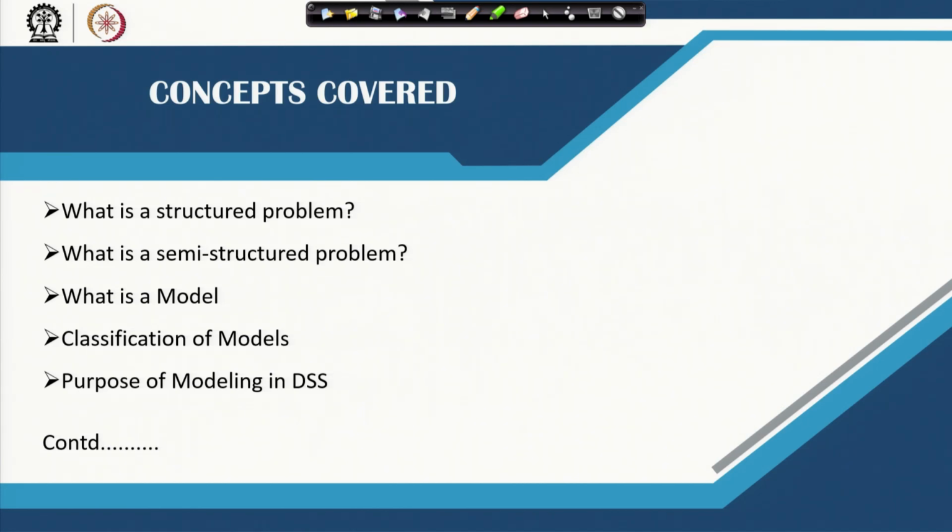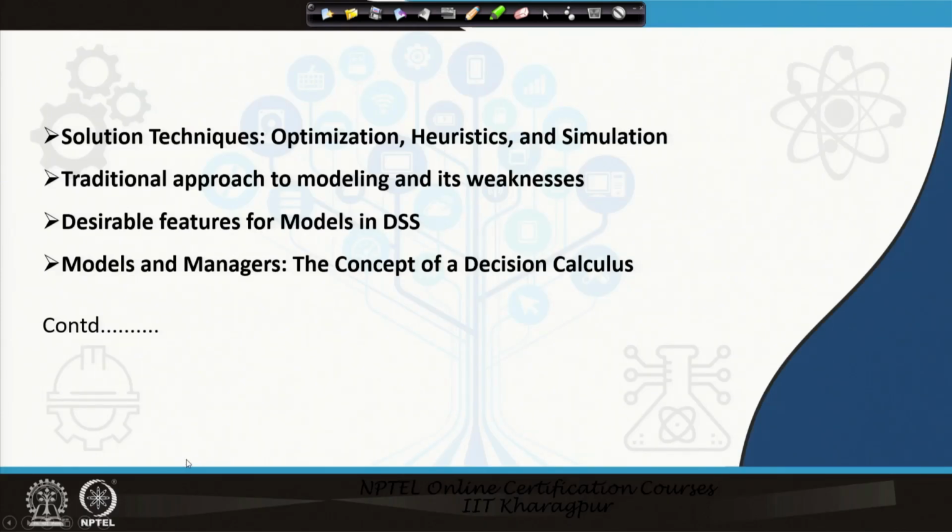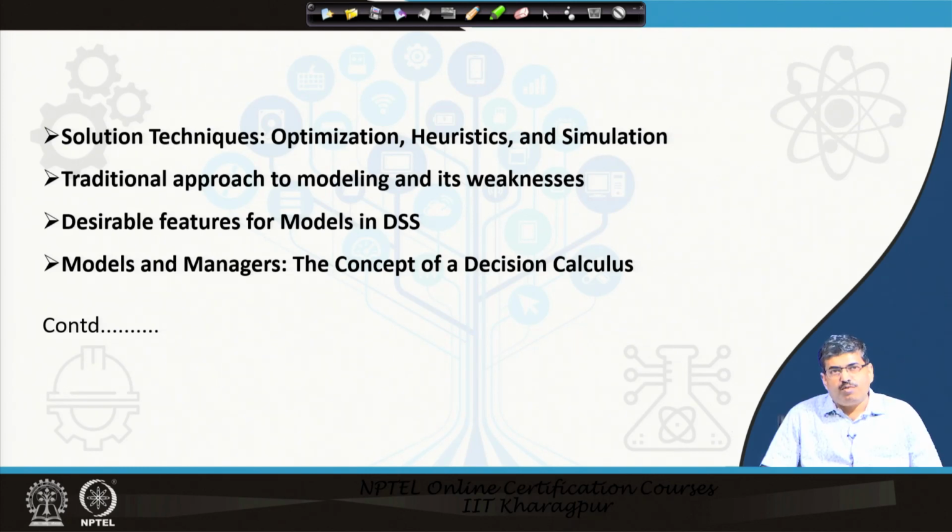That is, what is a structured problem, what is a semi-structured problem, what is a model, how do we classify the models, what is the purpose of modeling in decision support systems, what are the solution techniques, what are the traditional approaches to modeling, what are the weaknesses, meaning why are we going towards a decision support system, what are the features for models in decision support system, and models and managers, the concept of a decision calculus. This is the entire gamut of things that we will do in this module, and let us start.